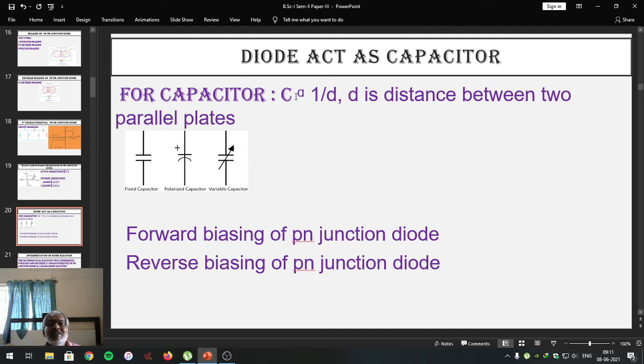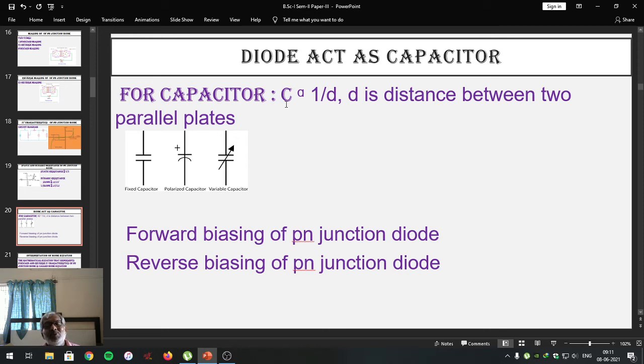There we studied that the capacitance is inversely proportional to the distance between 2 parallel plates. C is inversely proportional to d, where d is the distance between 2 parallel plates. If the distance between 2 parallel plates is increased, then the capacitance of the capacitor decreases.